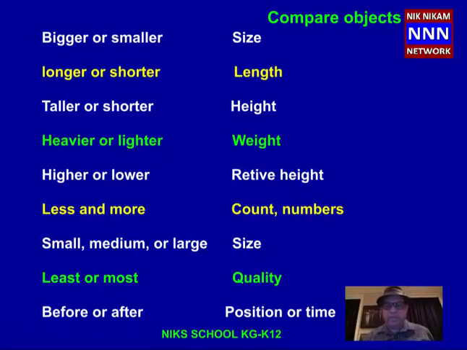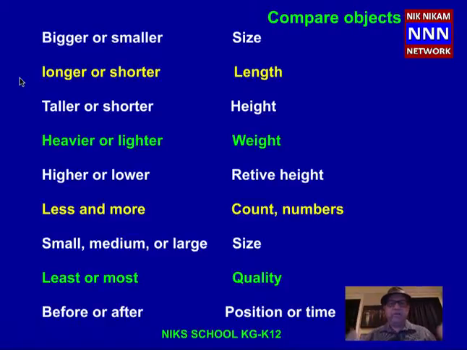What is your name? Today we are going to learn about comparing objects, comparing things based on a number of parameters. We are going to look at things which are bigger or smaller based on their sizes. Then we are going to look at things which are longer or shorter based on length.